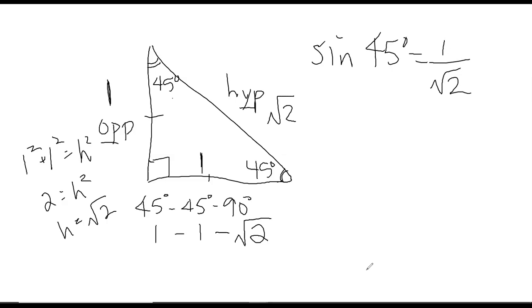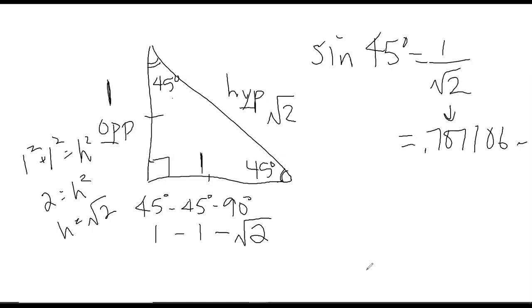Now, if I take 1 on my calculator and divide it by root 2, I get 0.707106... That's what 1 divided by square root of 2 is.